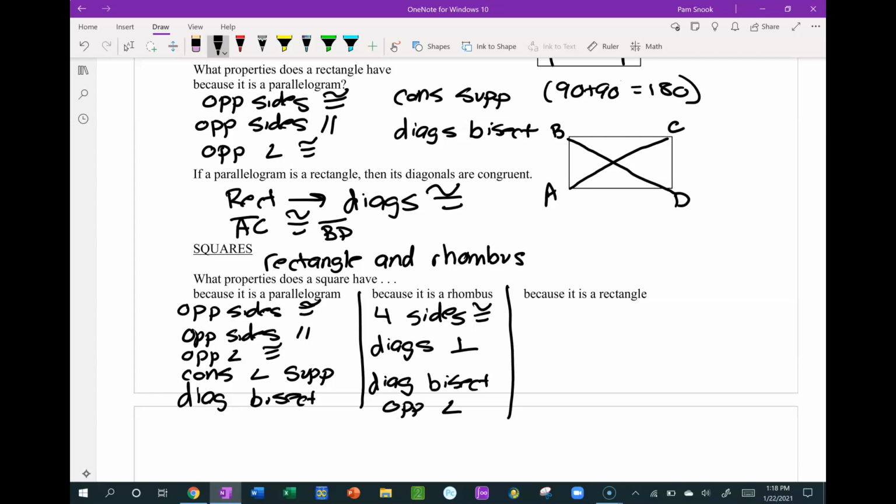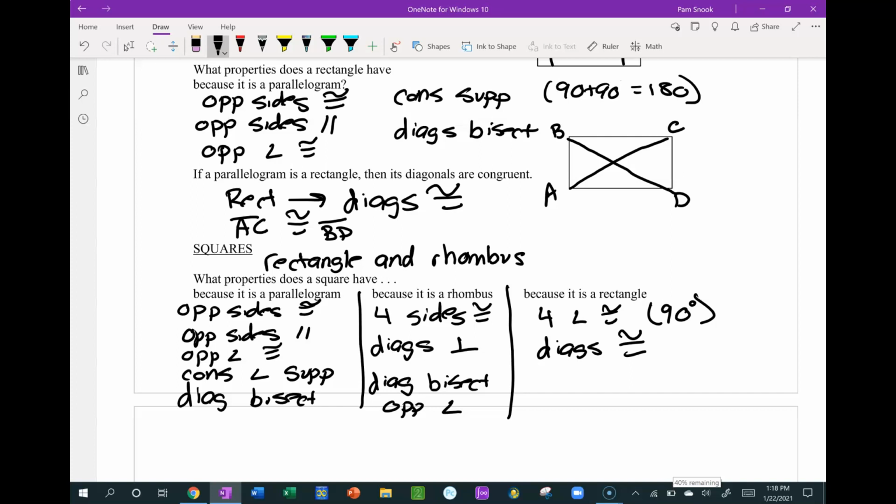Now, because it's a rectangle, add to all of that the fact that the four angles are congruent. And just keep in mind that means 90 degrees in this case because it's a four-sided figure. And our diagonals are also congruent.